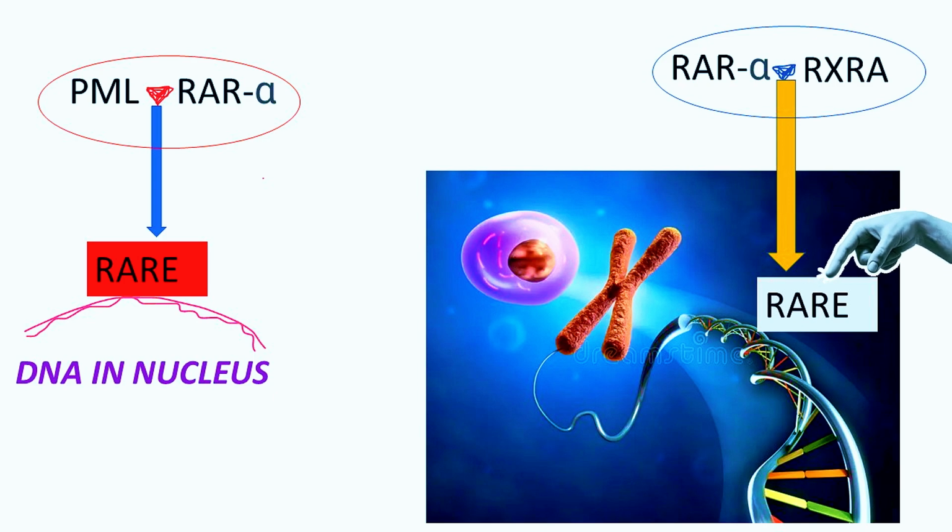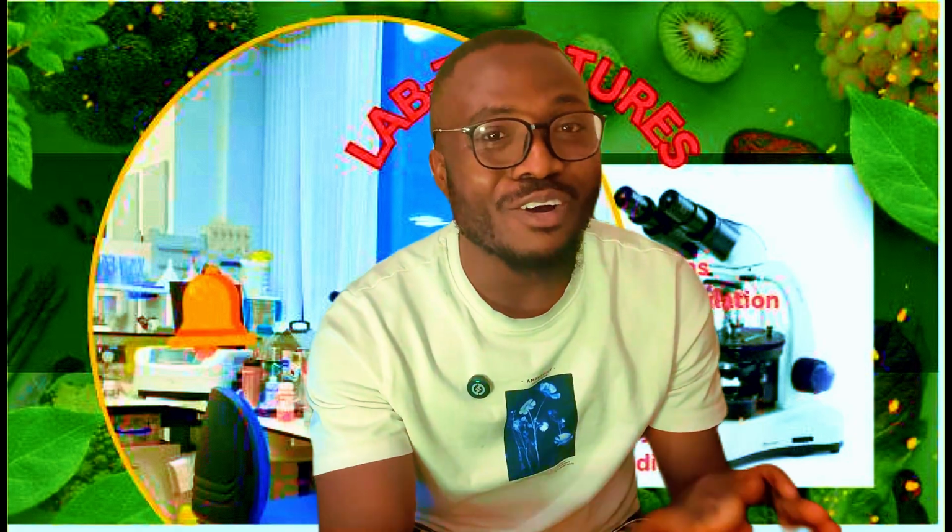So it's just a sequence of genes where they have binding affinity to phosphorylate and to cause transcription of that gene of interest. So remember, we've mentioned RAR alpha, we've mentioned RXRA, and now we are talking about RARE, that is the retinoic acid response element.